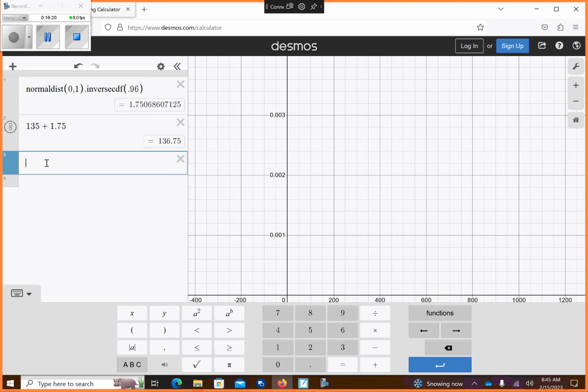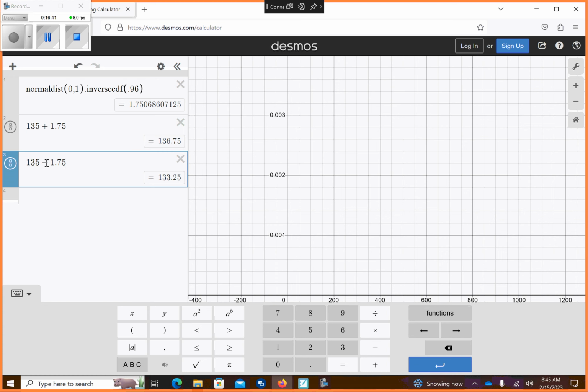And then if I go the other way, 135 minus 1.75, it's between basically 133 and 136 that we're going with. And then interpret this. We're 92% confident that we'll fall between 133.25 and 136.75.